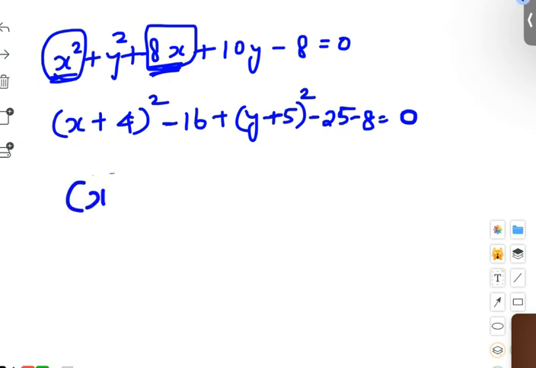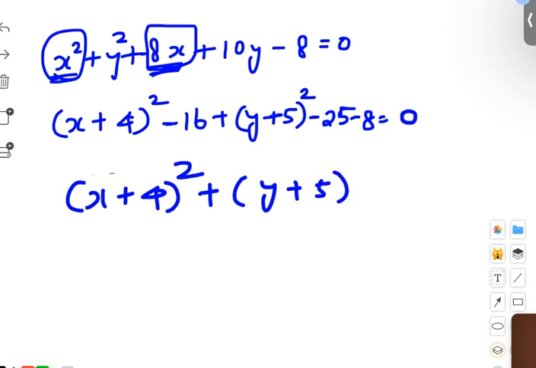So what is it now? X plus 4 square plus y plus 5 square equals what? 16 plus 8 plus 25. How much is that now? 16 plus 8 is 24, and 25 is 49. So what is the radius? 49 means 7 square. What is the center now?